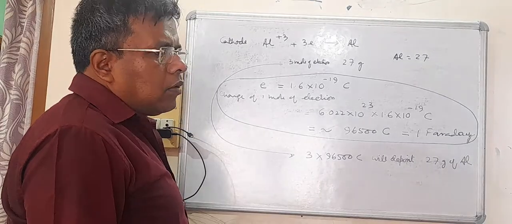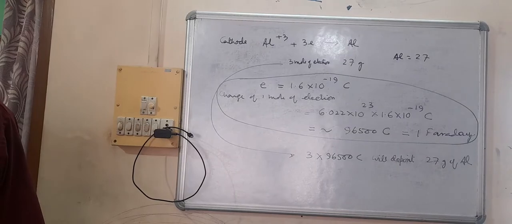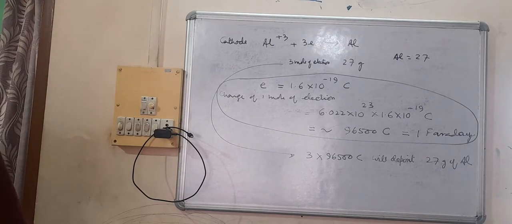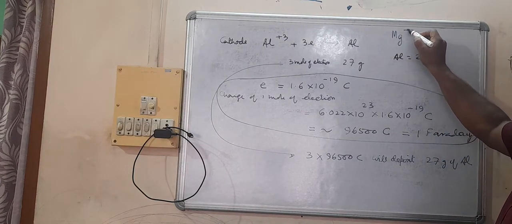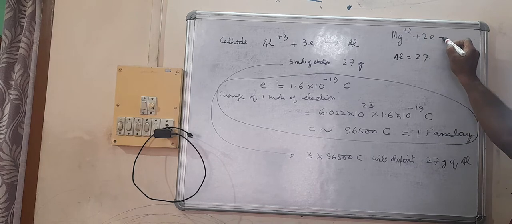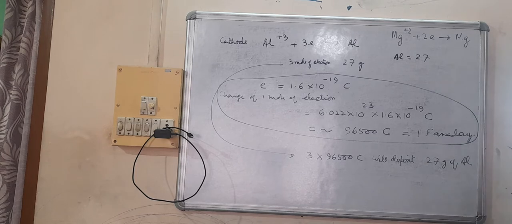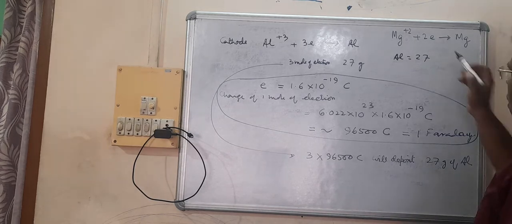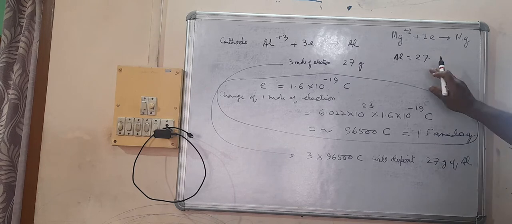Now suppose in another electrolytic cell, this is the process taking place: Mg2+ plus 2 electron gives Mg, obviously at the cathode.